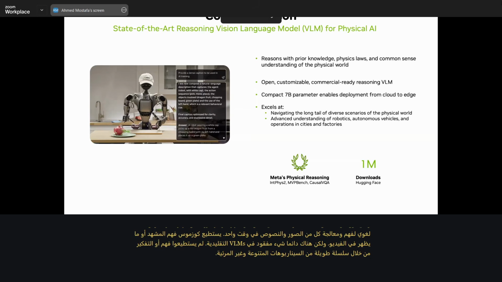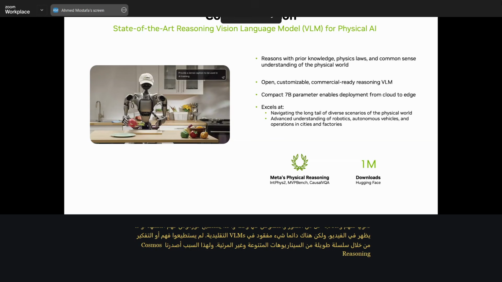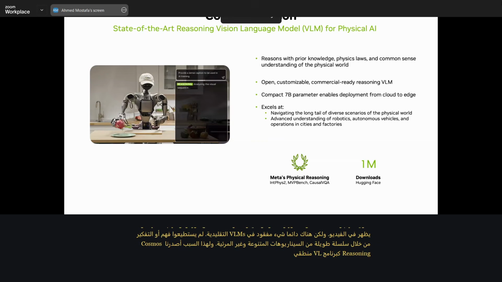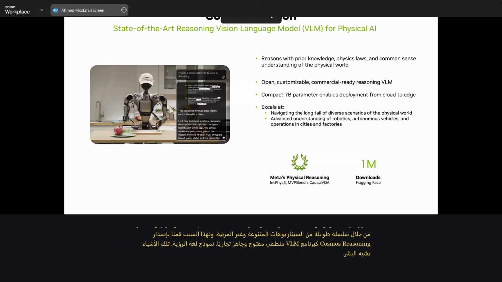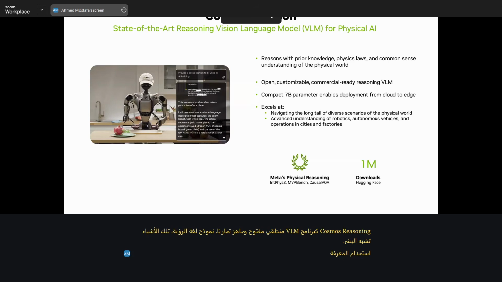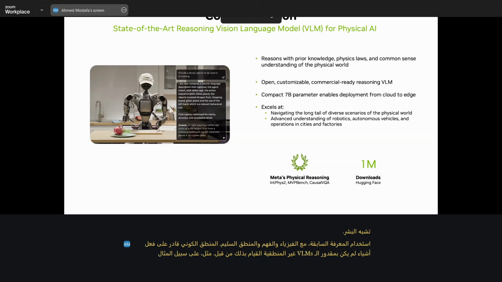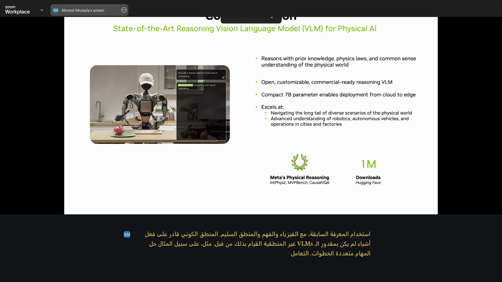And that's why we released Cosmos Reasoning as an open, commercial ready reasoning VLM, vision language model, that thinks like humans, using prior knowledge with physics understanding and common sense. Cosmos Reasoning can do things non-reasoning VLMs couldn't before, like solving multi-step tasks and handling ambiguous and new experiences.